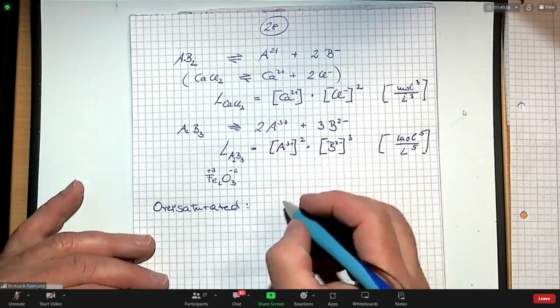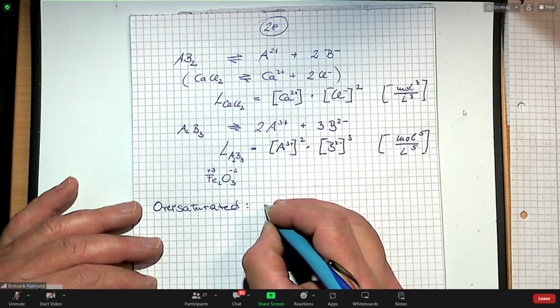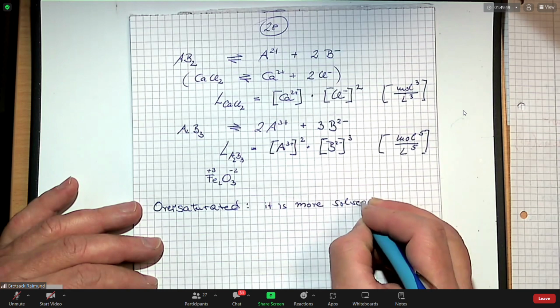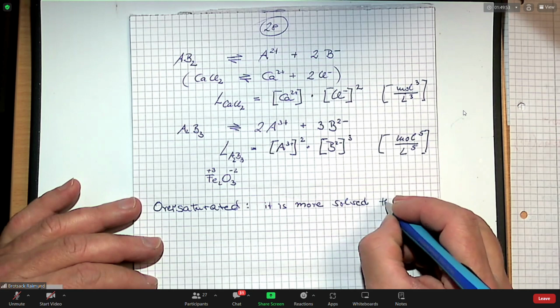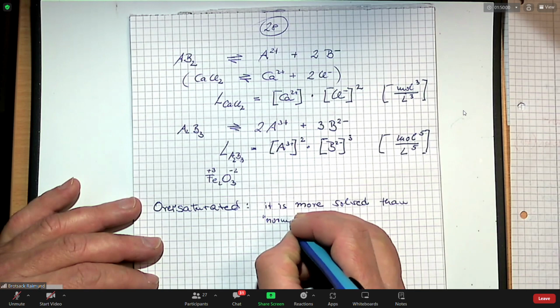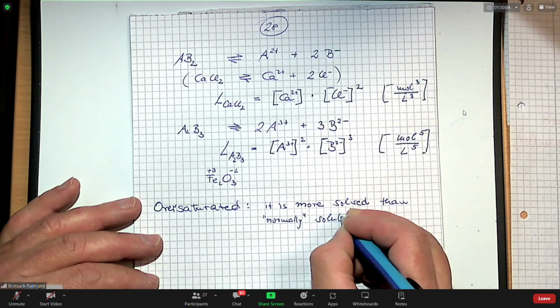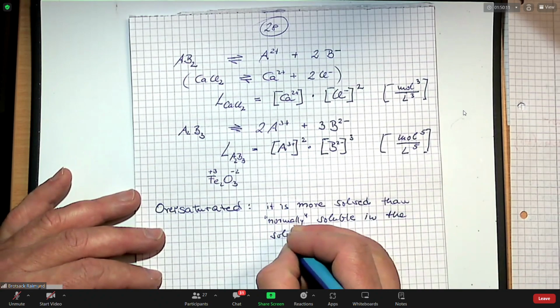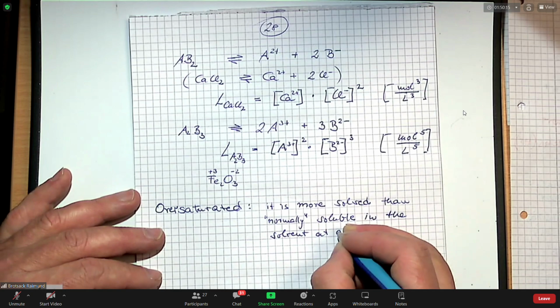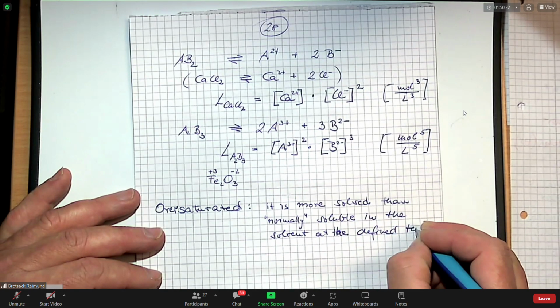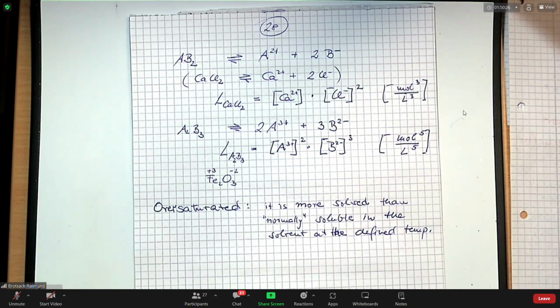Oversaturated: it is more solved than normally soluble in the solvent at the defined temperature.